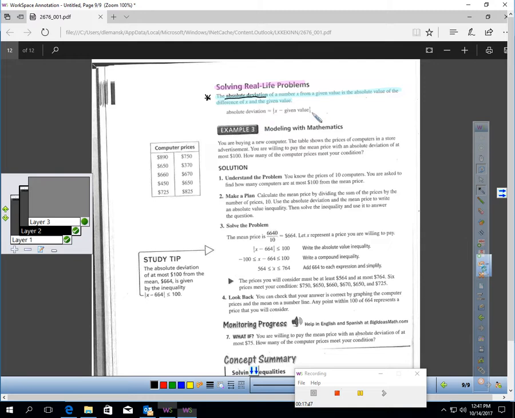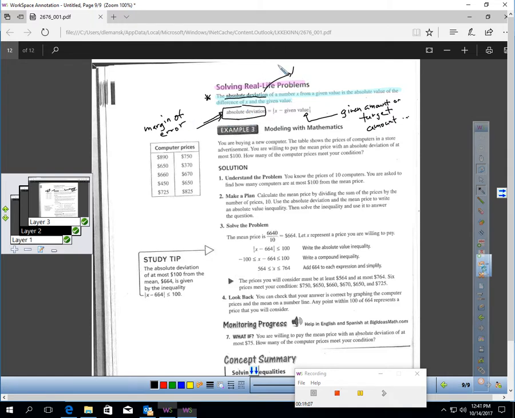You've already learned this. I taught it in chapter 1. Absolute deviation means margin of error. You remember me saying the number outside, on the other side of the equals, that's called the margin of error. So absolute deviation means margin of error.